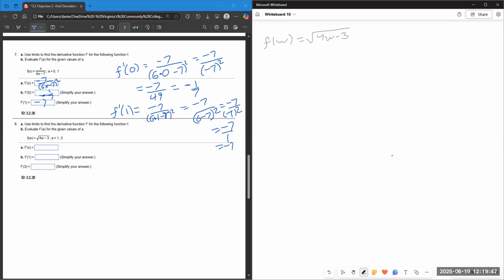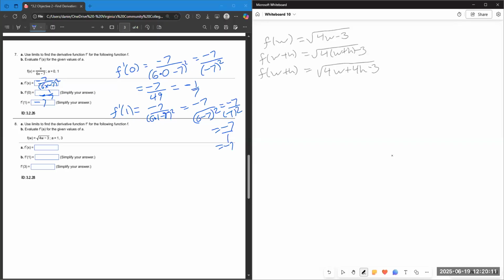So let's just break this down into f of w plus h. It's root 4 times w plus h minus 3. f of w plus h is root 4w plus 4h minus 3.